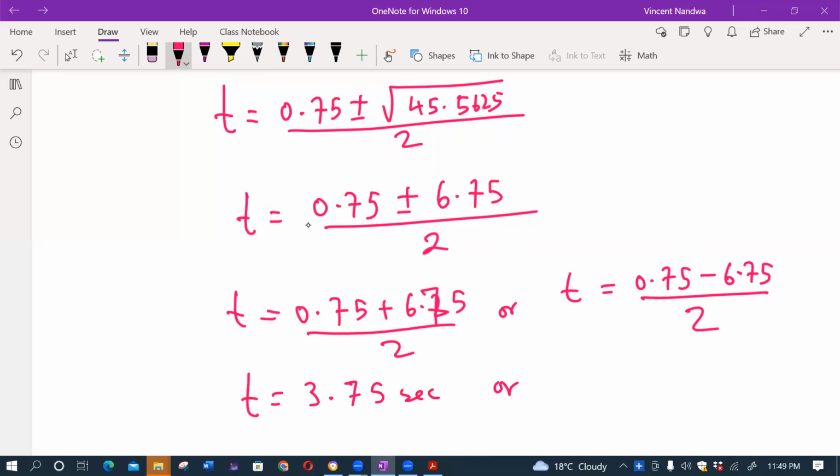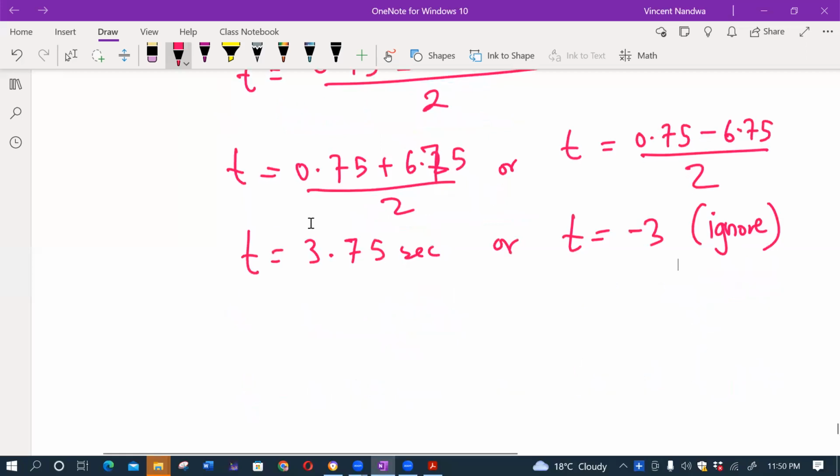Or t equals 0.75 minus 6.75 divided by 2, which will be minus 3. This one we ignore because we don't expect time to be negative. Time is a scalar quantity, can only be positive.